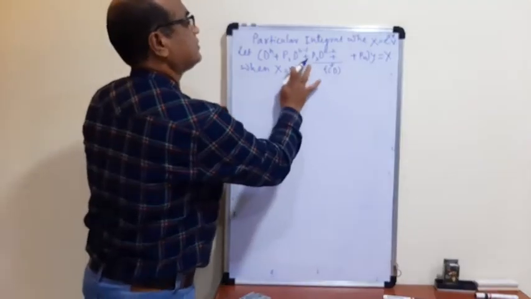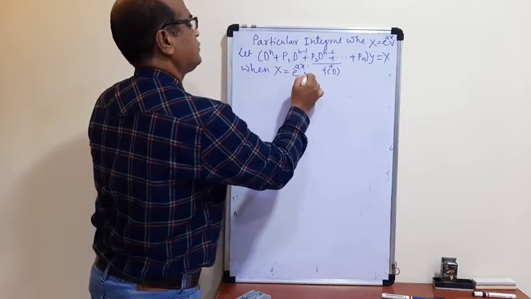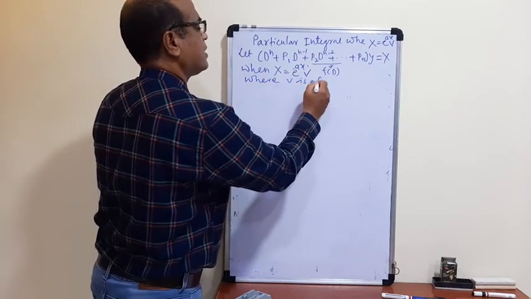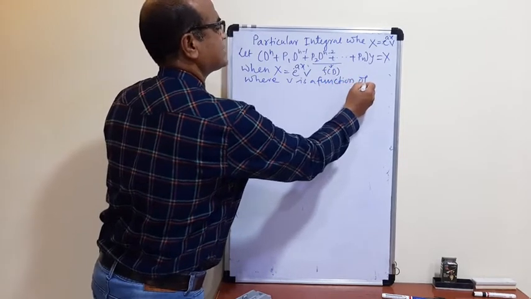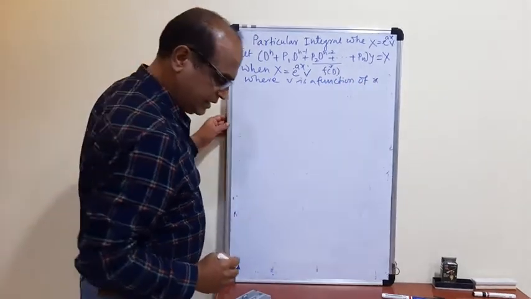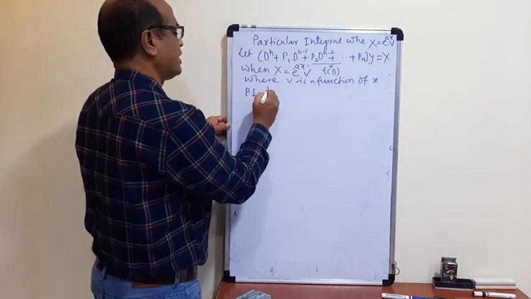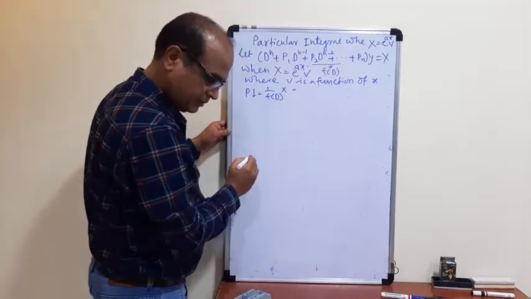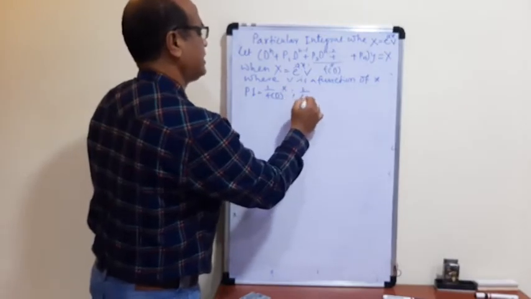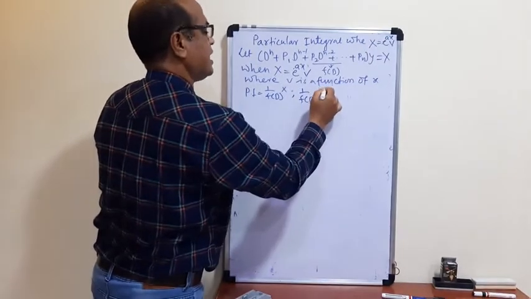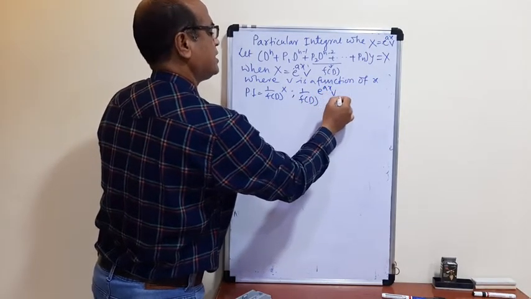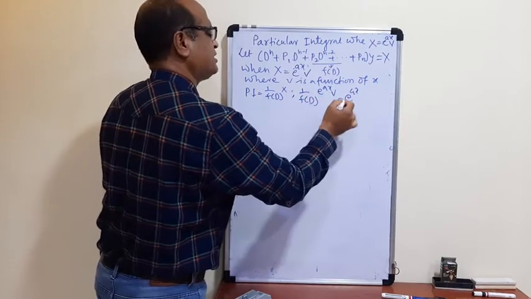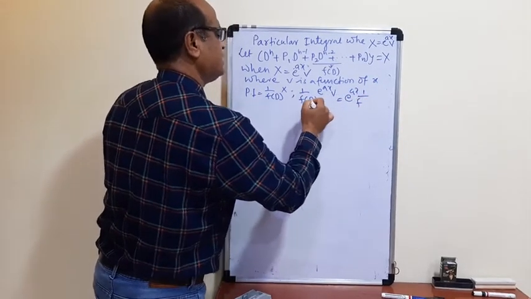When X is equal to e raised to ax into V, where V is a function of x, then the particular integral PI is equal to 1 upon f of d into X, which is 1 upon f of d into e raised to ax into V. This equals e raised to ax times 1 upon f of d plus a, into V. Put d equal to d plus a.